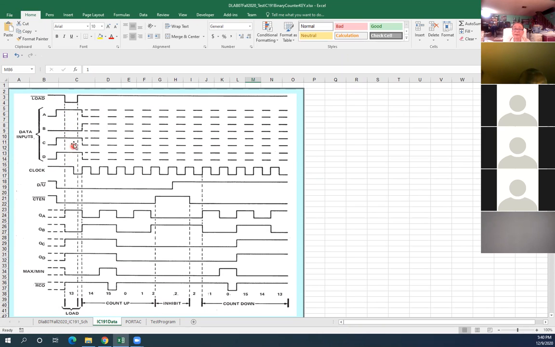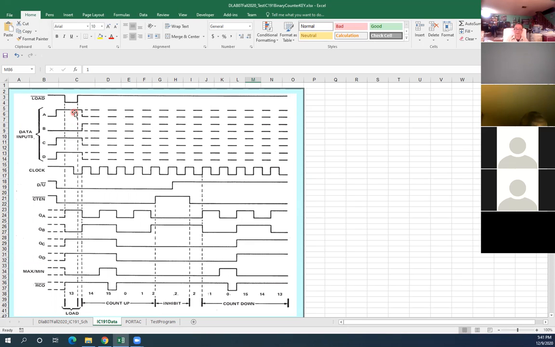What do A, B, C, D equal? A is 1, B is 0, C is 1, D is 1. What number? 1, 1, 0, 1. The hex data is B. What number is that? The number 11.